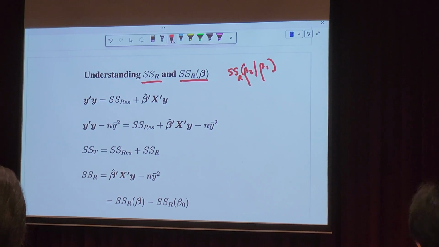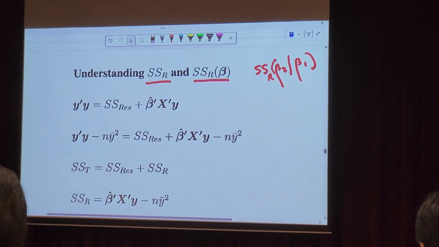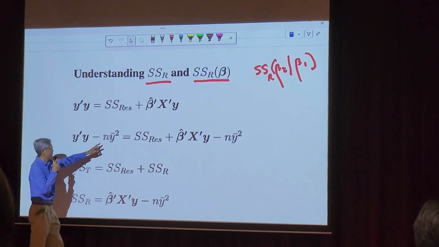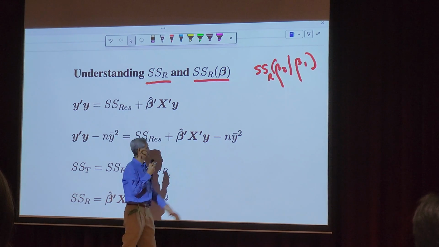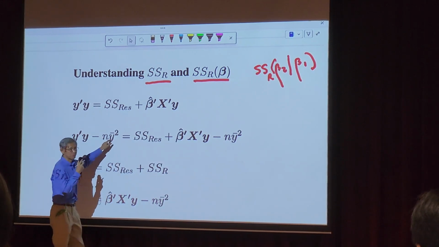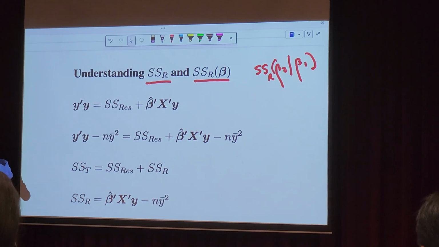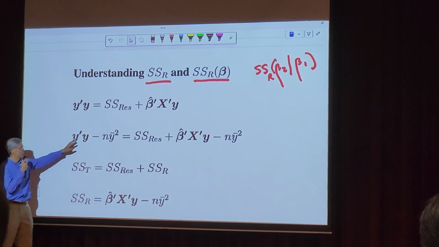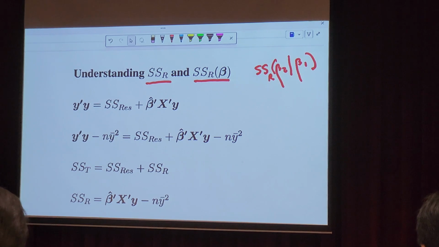So, the first line is the decomposition of the variable. And then I subtract n y bar squared on both sides. Why do I subtract n y bar squared? Last time I told you I wanted to get this SST.